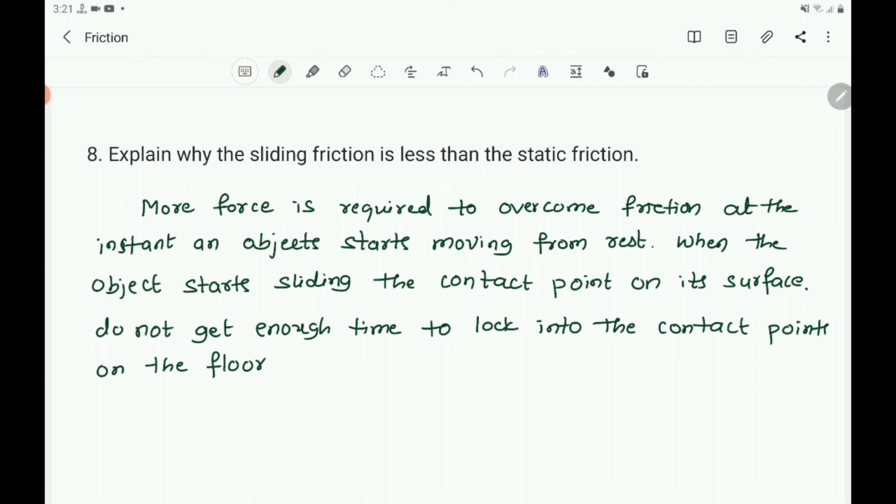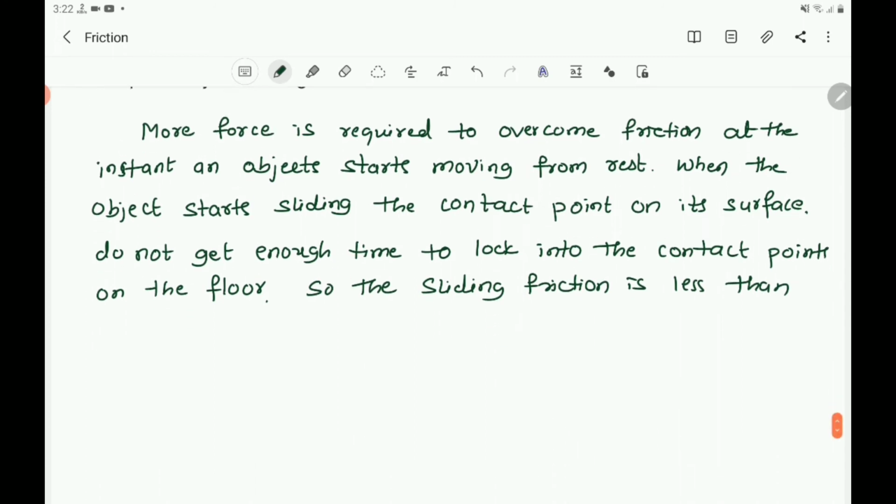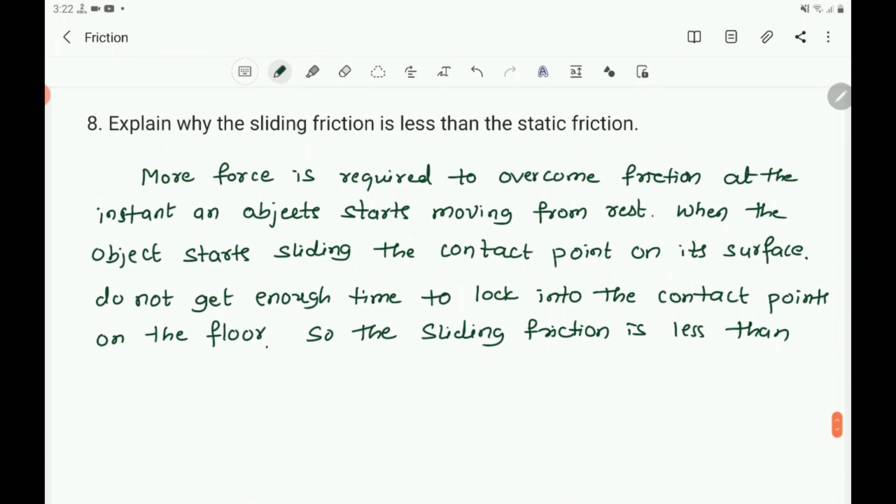So the sliding friction is less than static friction.